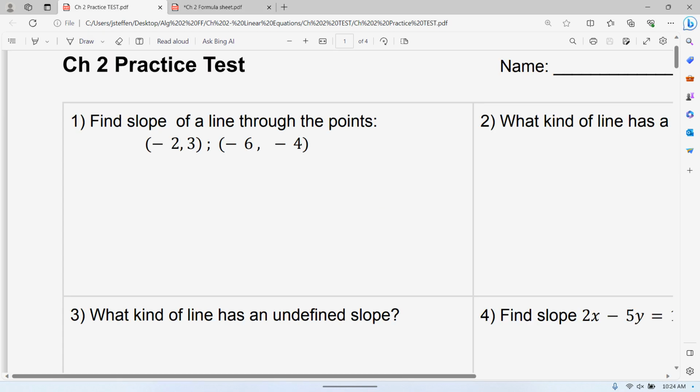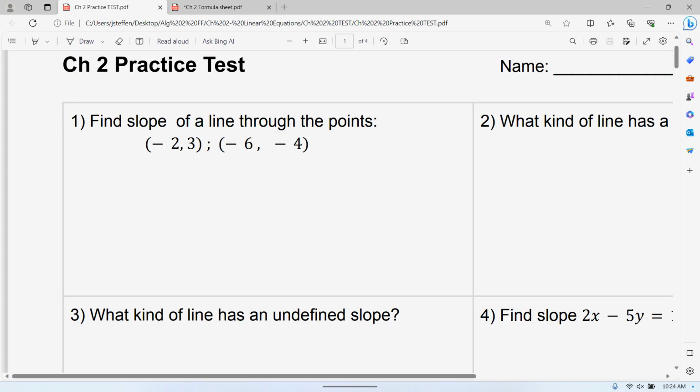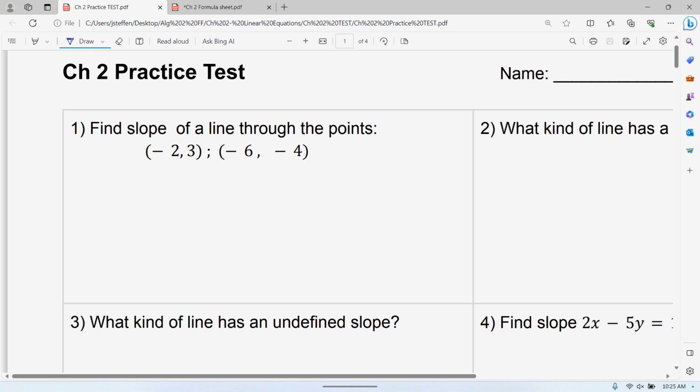So the first one, find the slope between the points, that is going to be the first slope formula. So I would do y2 minus y1 over x2 minus x1, with x1 being negative 2.